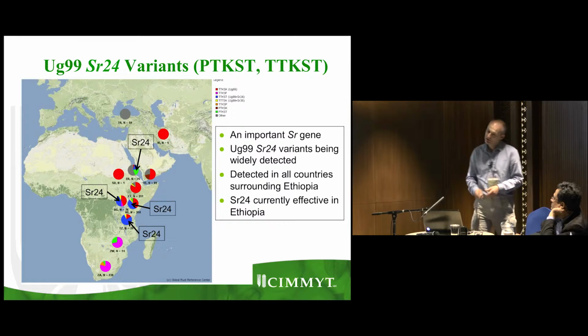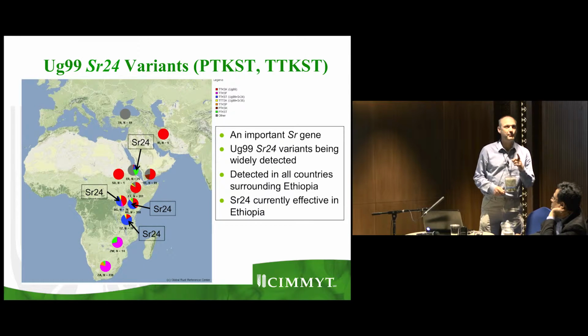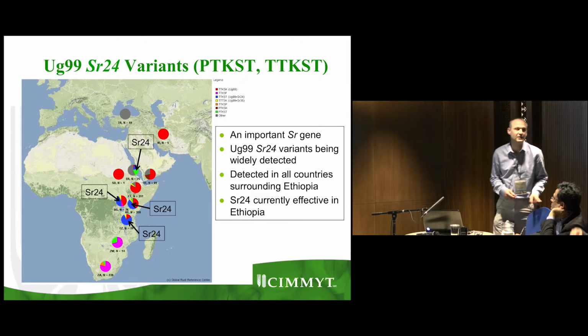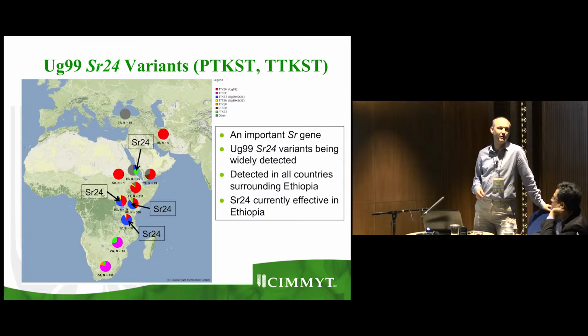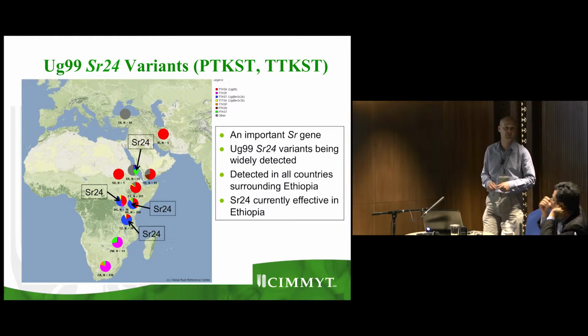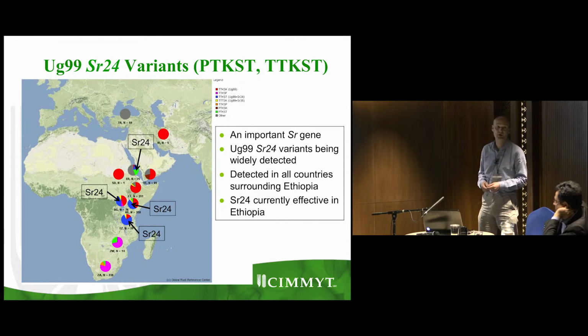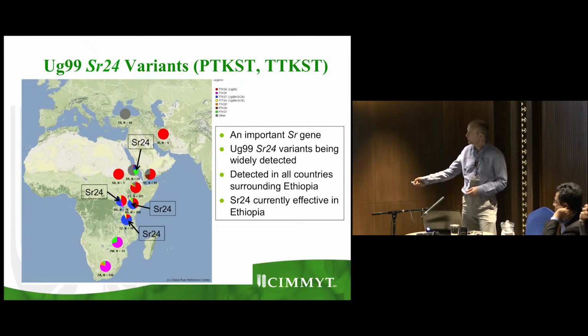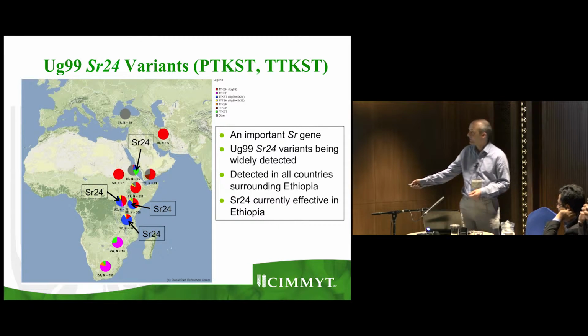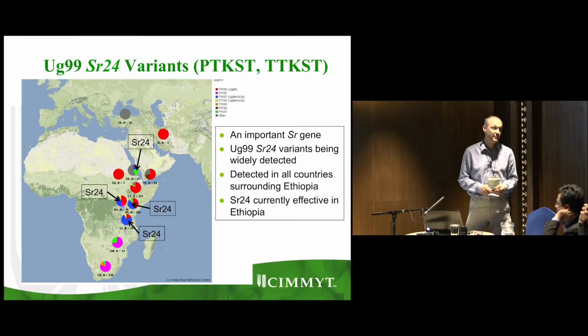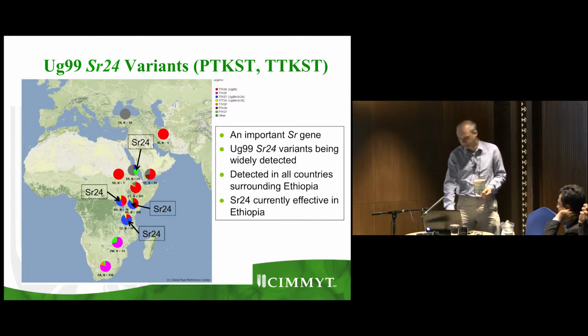Ethiopia, we picked up one sample back in 2009, I think, that had SR24 virulence. We've never seen it since. Basically, we can't find SR24 virulence in Ethiopia. But we know from the regional perspective, basically every country around Ethiopia has a lot of SR24 virulence.